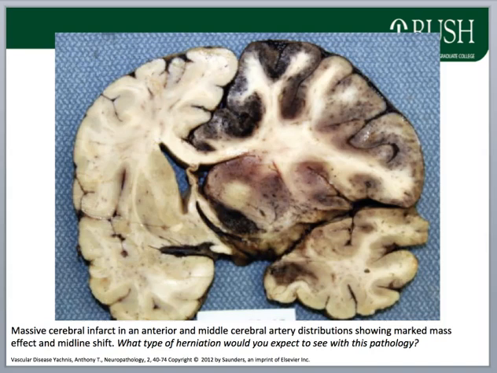Now we'll look at some focal infarcts. This is a massive cerebral infarct in an area of anterior middle cerebral artery distributions showing a mass effect and midline shift. Just to test yourself, what type of herniation would you expect to see with this pathology?